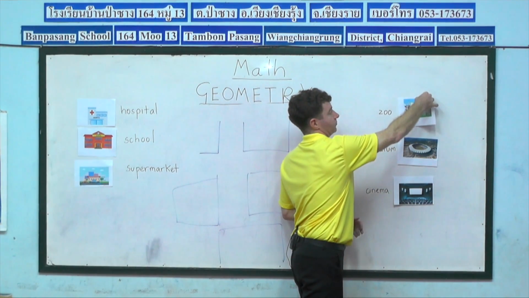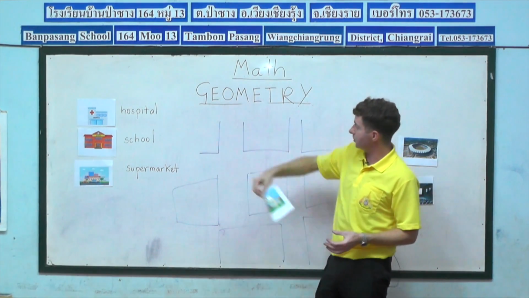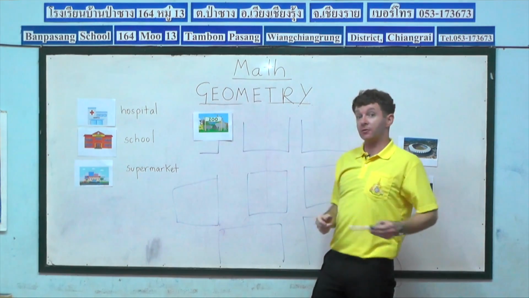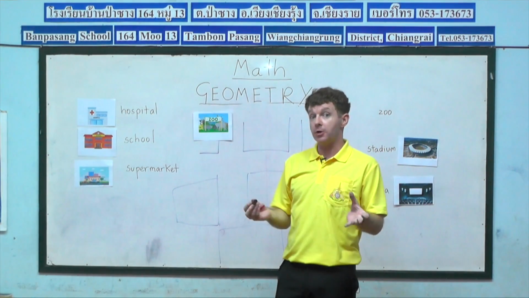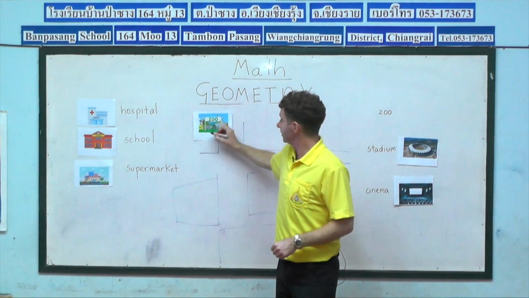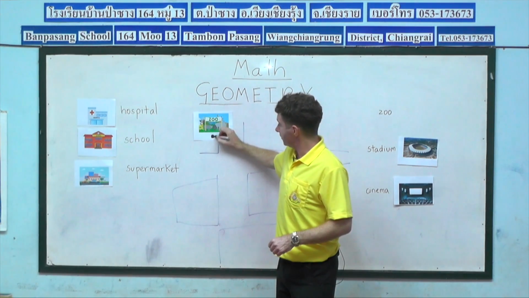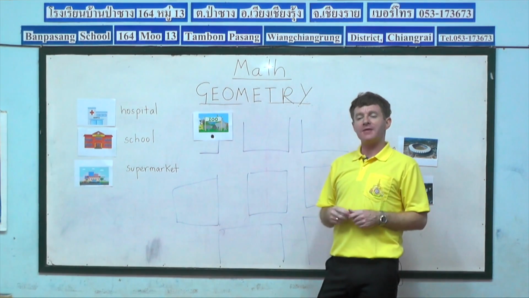So let's take the zoo here, and I think we will put our zoo here. But now what I'll do is I'll give it a point on our map so that we know it represents the zoo. We need to draw our dot, and because it's the first place on our map, what letter shall we give it?